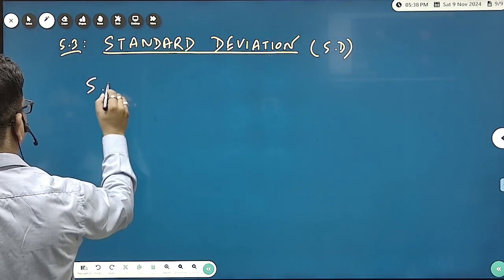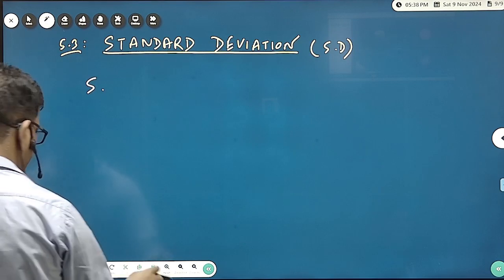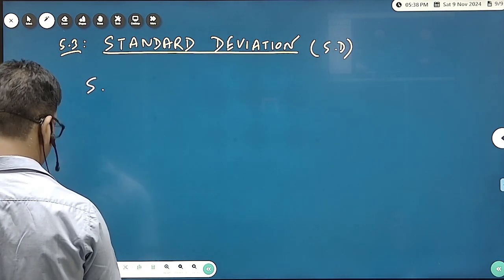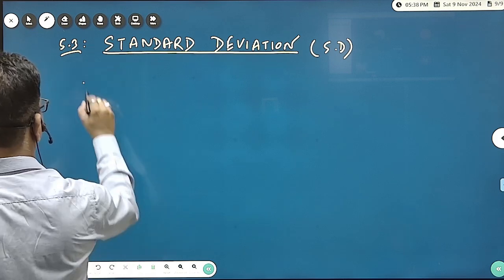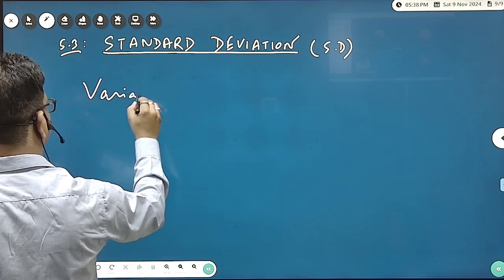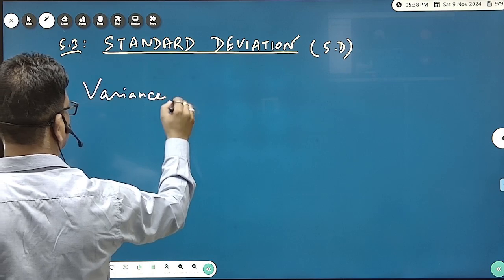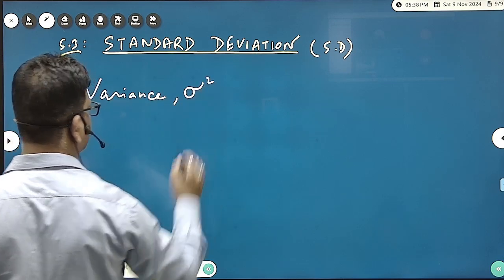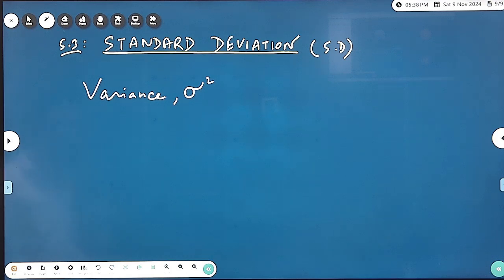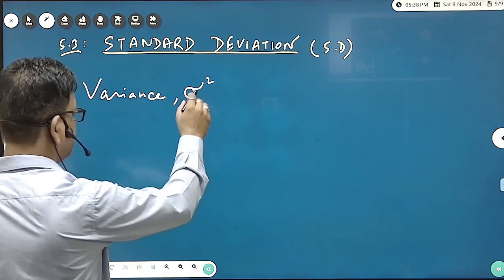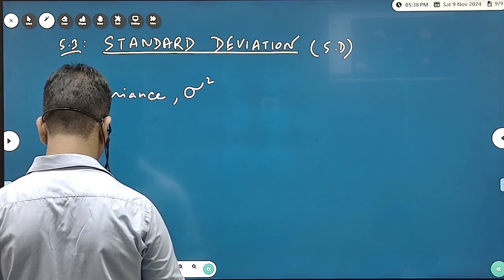Before standard deviation, let me write another quantity which is called variance. The symbol is sigma square. This is the symbol for variance, sigma, a Greek letter in small letter; capital is different.